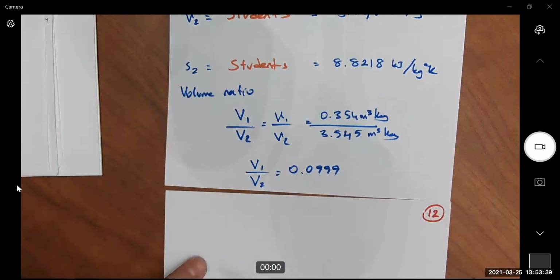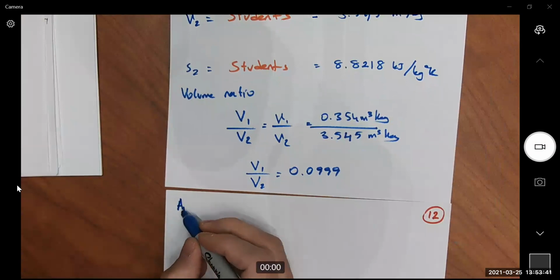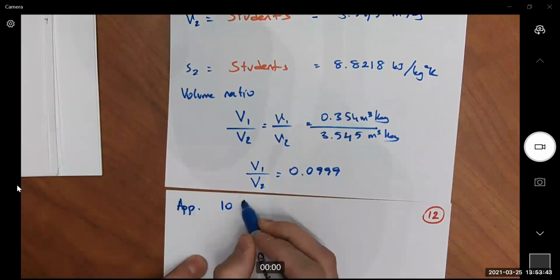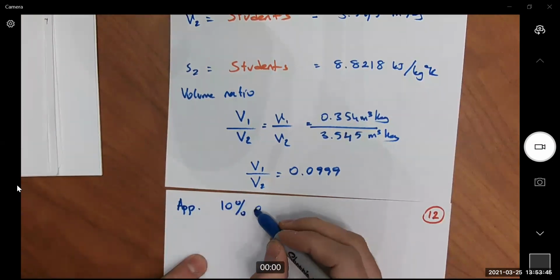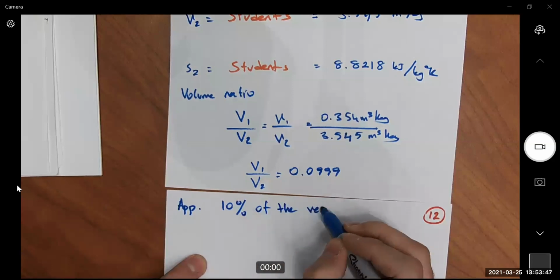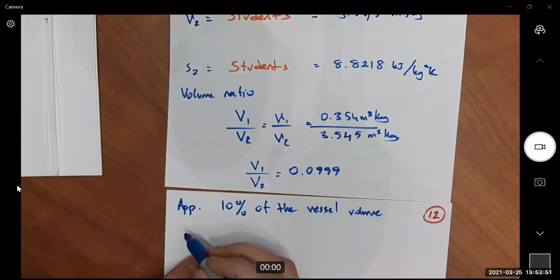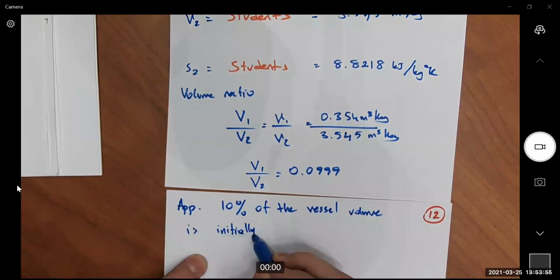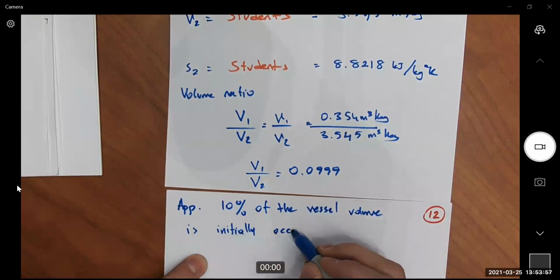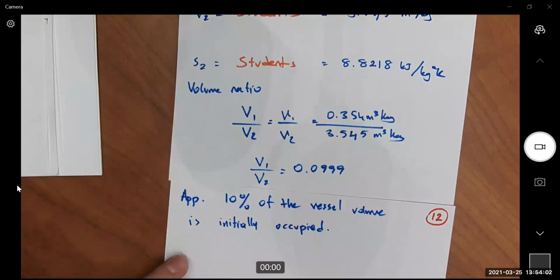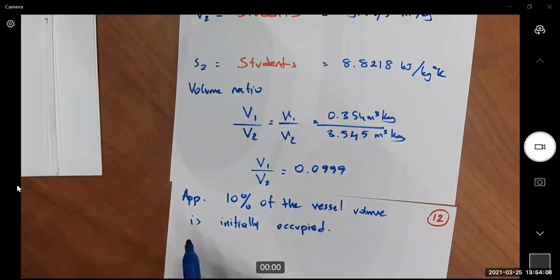So approximately 10% of the vessel volume is initially occupied, correct?